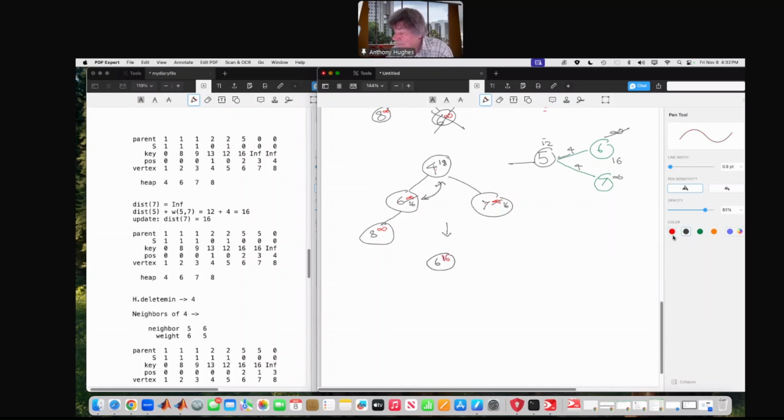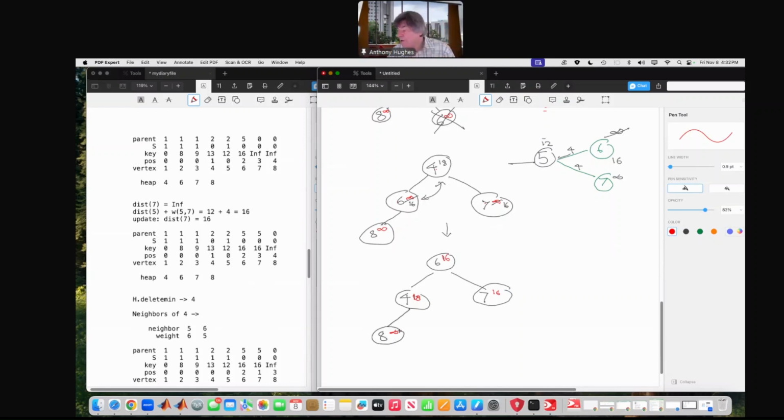Then we'd have 4 come down, and that would be 18. Then over here, 7 is 16. That'd be 18. And we still got an 8 hanging out. And that's infinity.